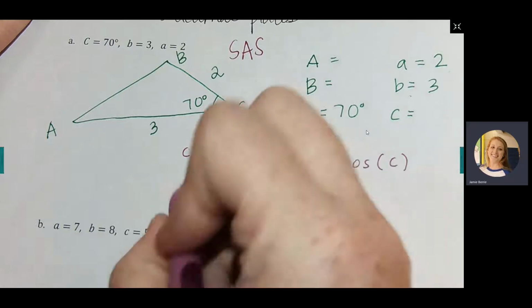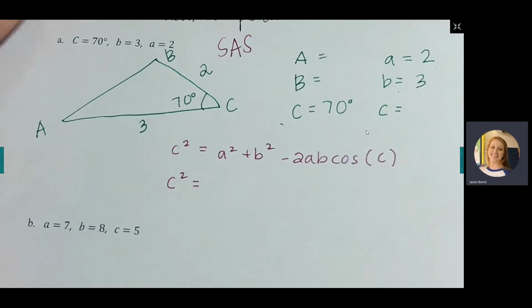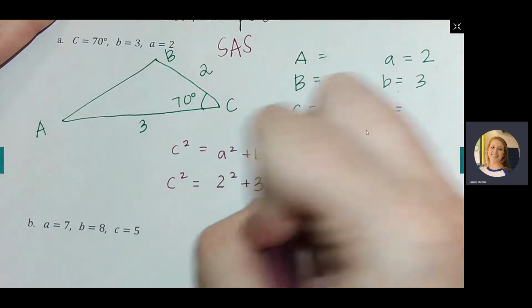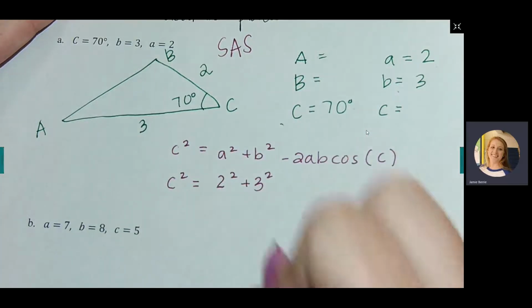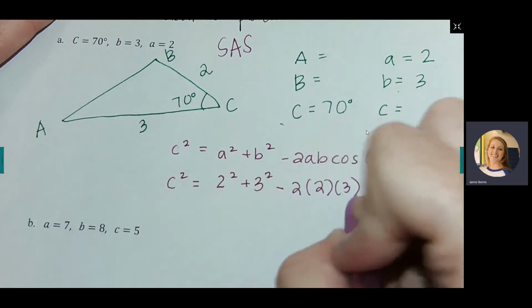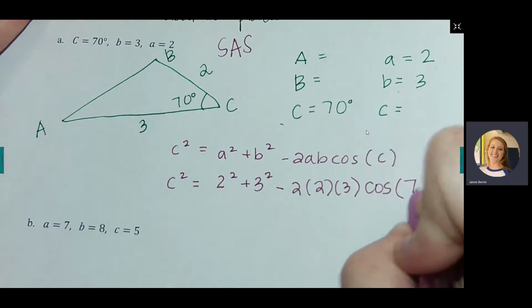We don't know little c, so just keep that as c squared equals a squared plus b squared, that's 2 squared plus 3 squared, minus 2ab, so minus 2 times 2 times 3, times cosine of big C, which is 70 degrees.